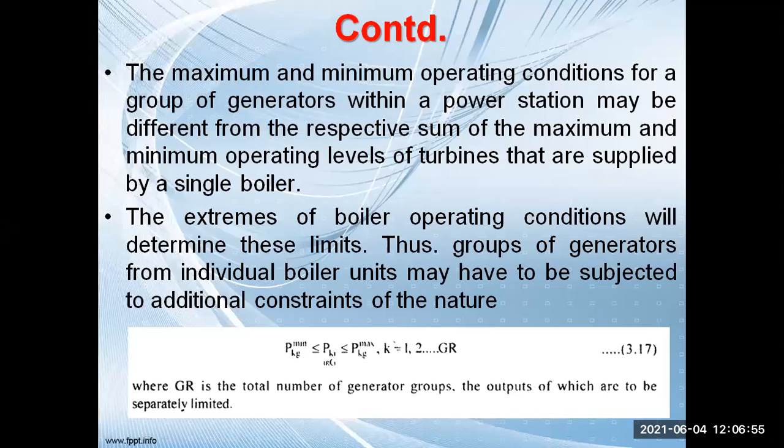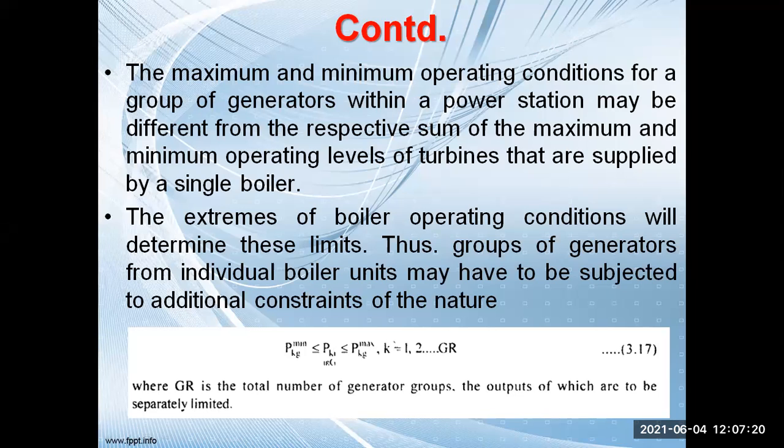Now, the maximum and minimum operating condition for a group of generators within a power station may be different from the respective sum of the maximum and minimum operating levels of the turbines that are supplied by a single boiler. The extremes of boiler operating condition will determine these limits. Thus, groups of generators from individual boiler units may have to be subjected to additional constraints.